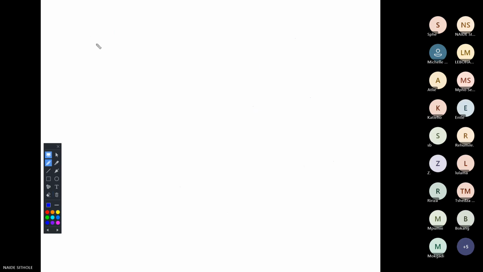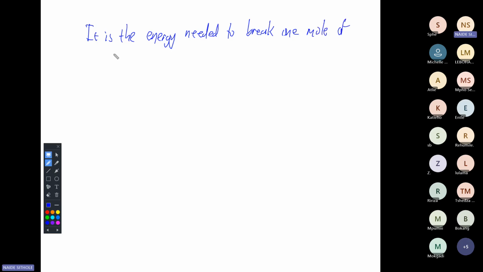So it is the energy needed to break 1 mole of a compound's molecule into separate atoms.